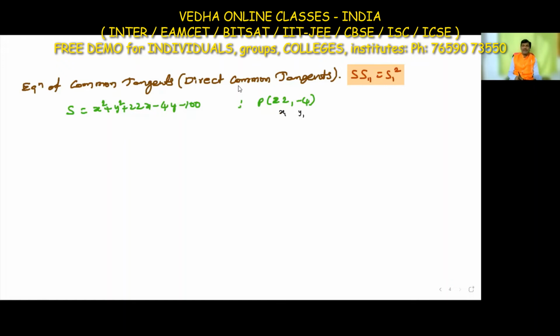Now how do we find the value of S double one? S double one means in place of x and y, we substitute the x1 and y1 values.